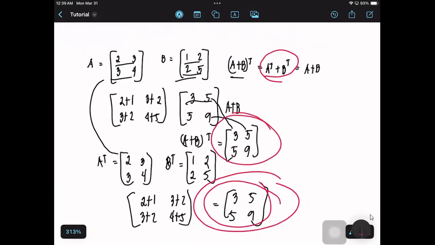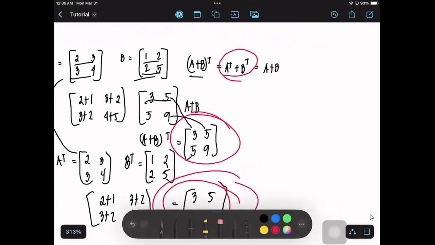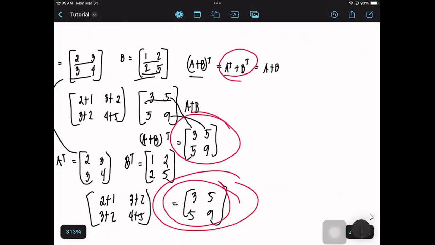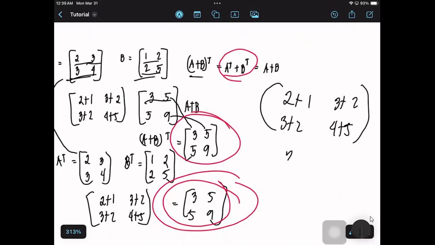For A plus B alone, without transposing, we have 2 plus 1, 3 plus 2, 3 plus 2, 4 plus 5, which still equals 3, 5, 5, 9.